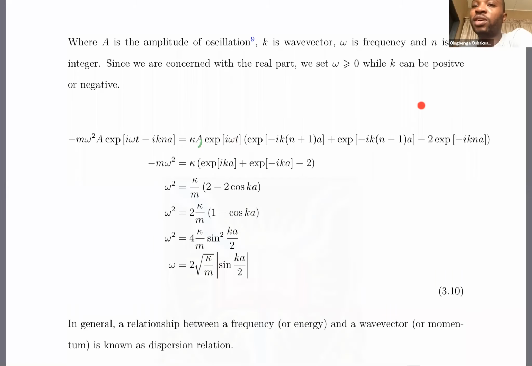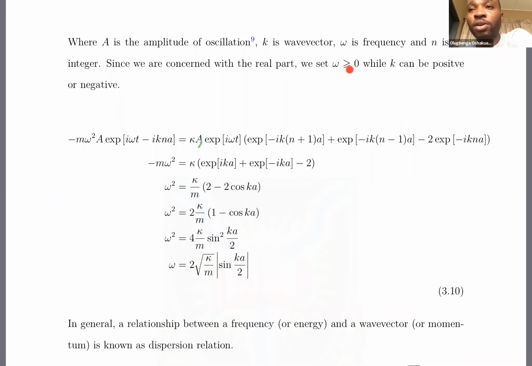To find a solution, we restrict omega to be greater than 0, because it doesn't make sense to have a frequency less than 0. Let's talk about frequency as the number of oscillations you have in a second. It doesn't make sense to say you are having -5 oscillations per second.